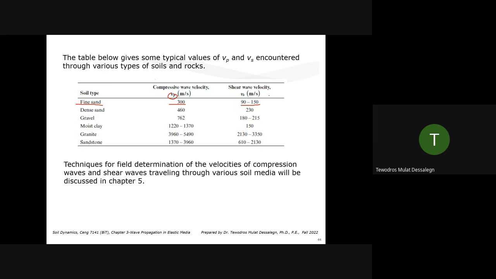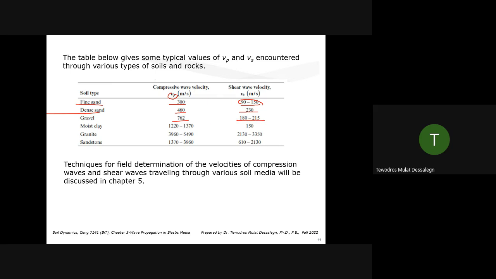This range is given because of different shear modulus and different densities you can have. But see, the value is less than the P wave. Dense sand can have a VP of 460, around 230 VS. Gravels, 762 VP, and VS is from 108 to 50.